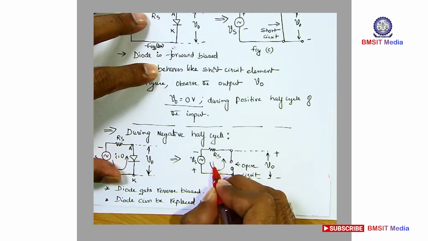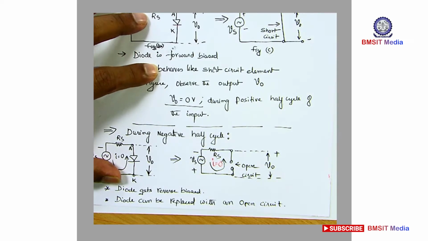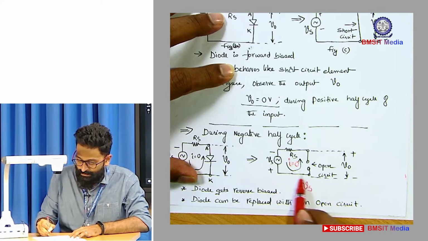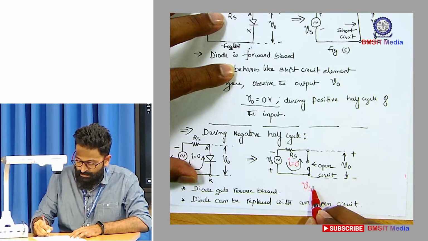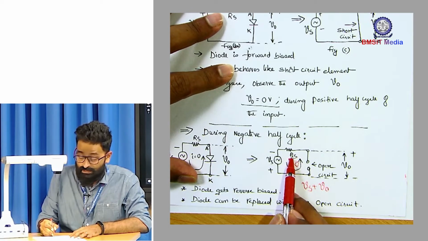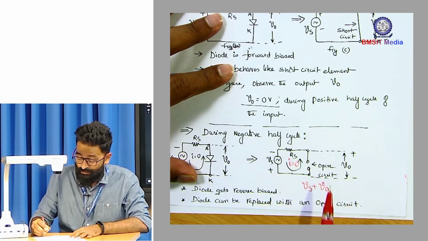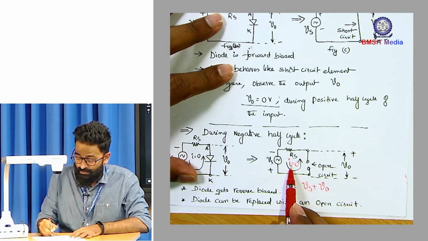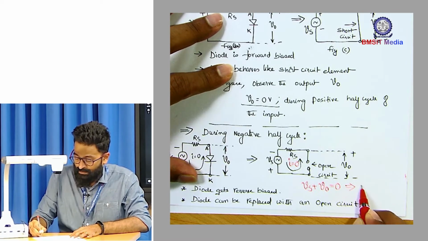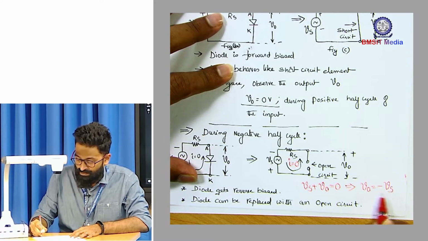Current is 0, so minus 2 plus Vs, then minus 2 plus V0, voltage across the current limiting resistor is 0, that's because current is 0, so 0 into Rs becomes 0, so this is equal to 0. This implies your output is equal to minus Vs.